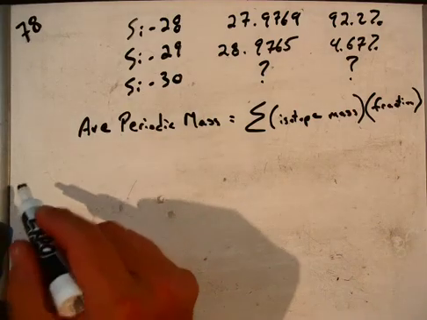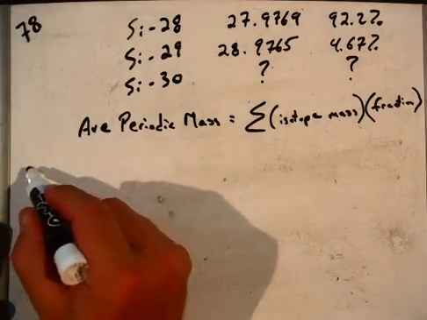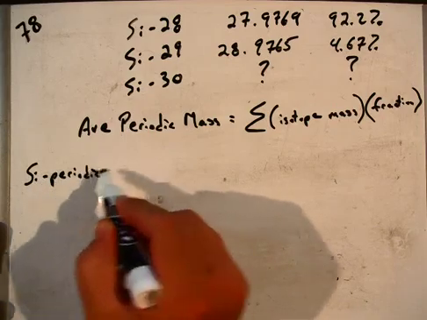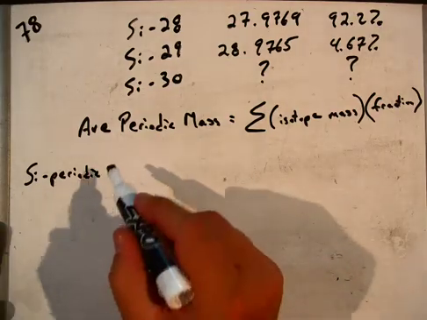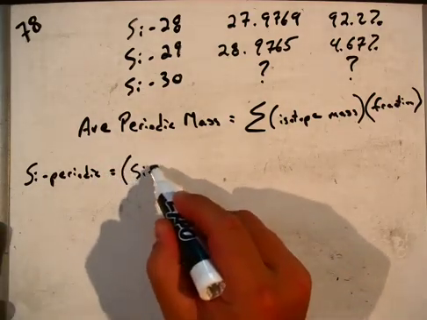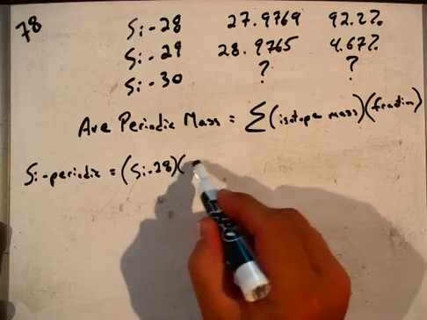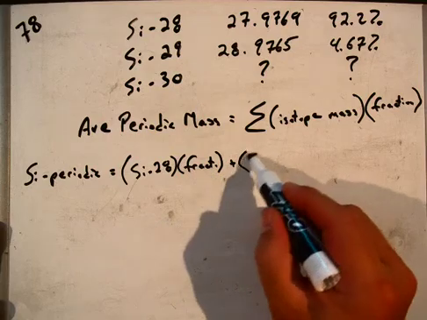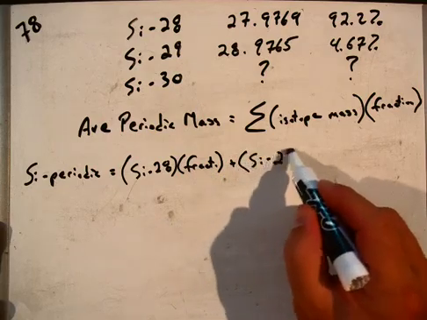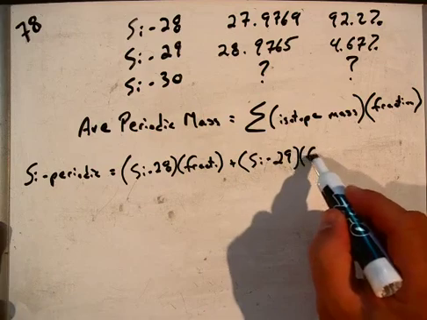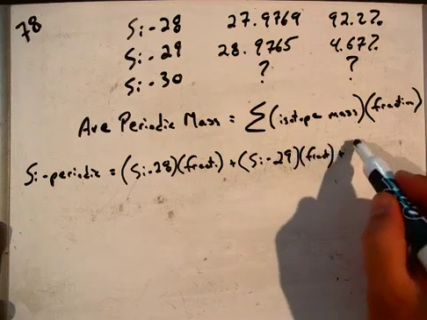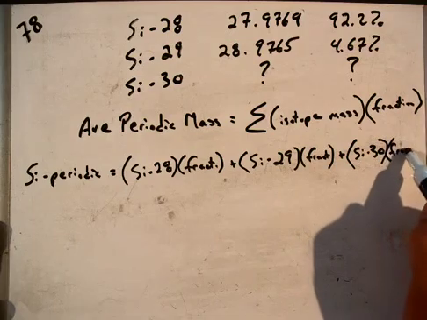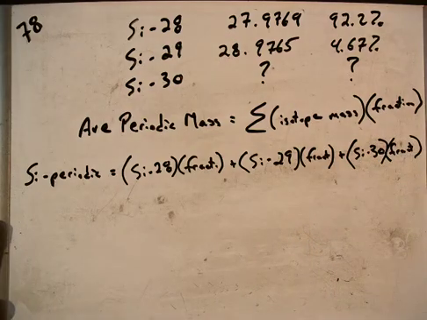So if we set this up, you would have your silicon from the periodic table is going to be equal to Si-28 times its fraction plus Si-29 times its fraction plus Si-30 and its fraction.